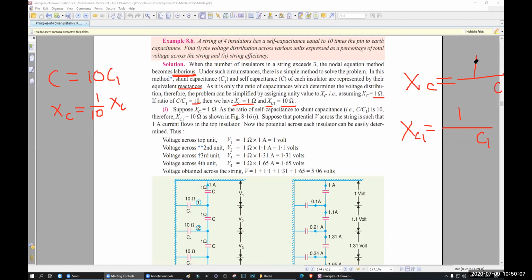Now, if this one is 10 times this one, and this is 1 ohm, then X is equal to 1 over C, right? So if this is 1 ohm, 1 over C is equal to 1 ohm. So what about XC1? How much will it be?